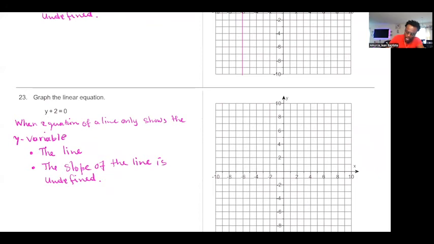The line is horizontal and the slope is 0. The slope is equal to 0.